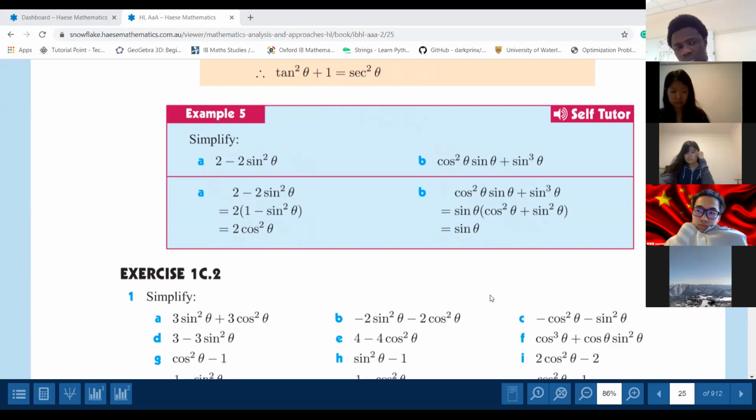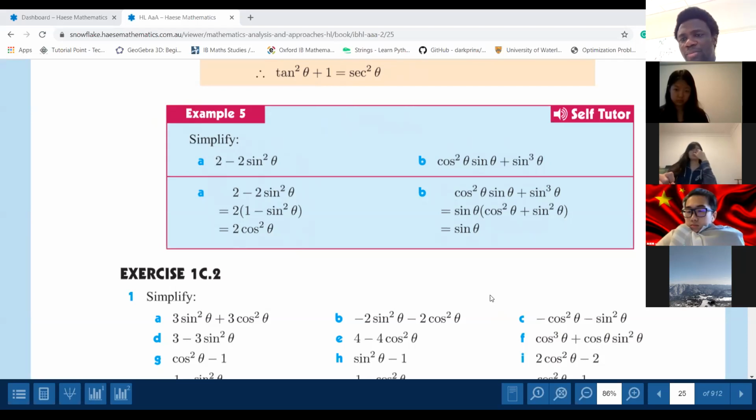Look at the expression in part A. You should notice the common factor too. Can you use a rearrangement of the Pythagorean identity to simplify the other factor? The factor can be simplified to cos squared theta, and the expression is now in simplest form. Now look at the expression in part B. You should notice the common factor sine theta, and we can then use the Pythagorean identity. The expression is now in simplest form.